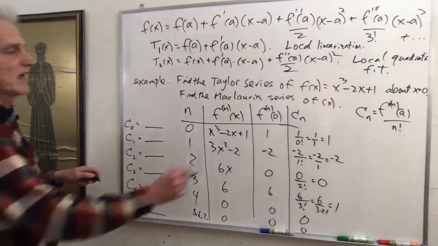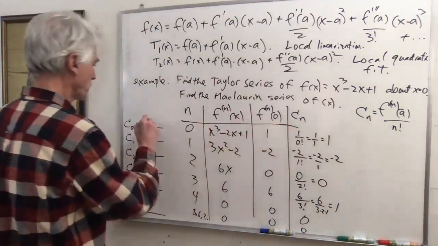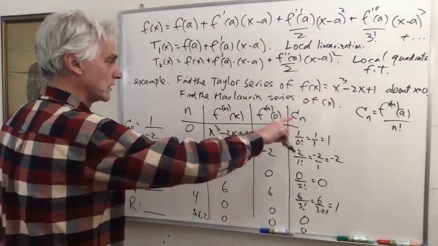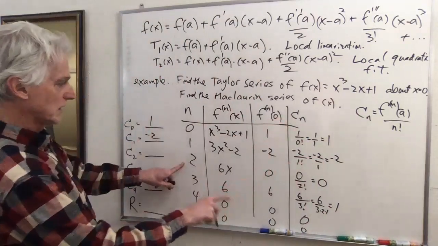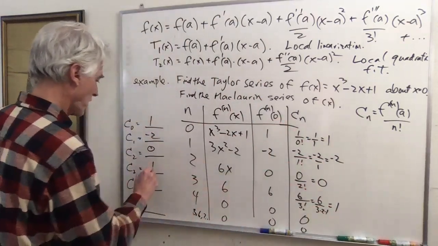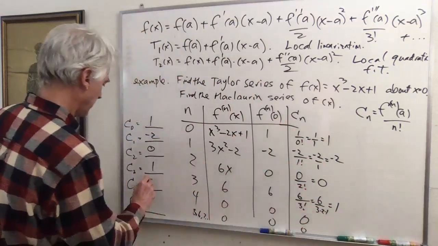So we found that C sub 0 is 1, C sub 1 is negative 2, C sub 2 is 0, C sub 3 is 1, C sub 4 is 0.